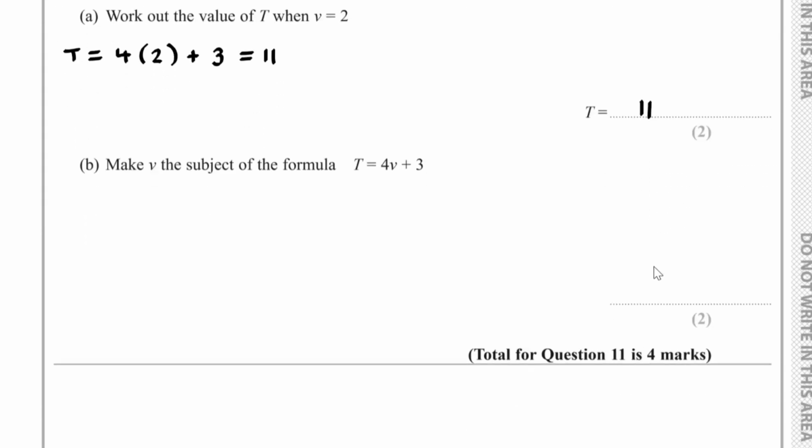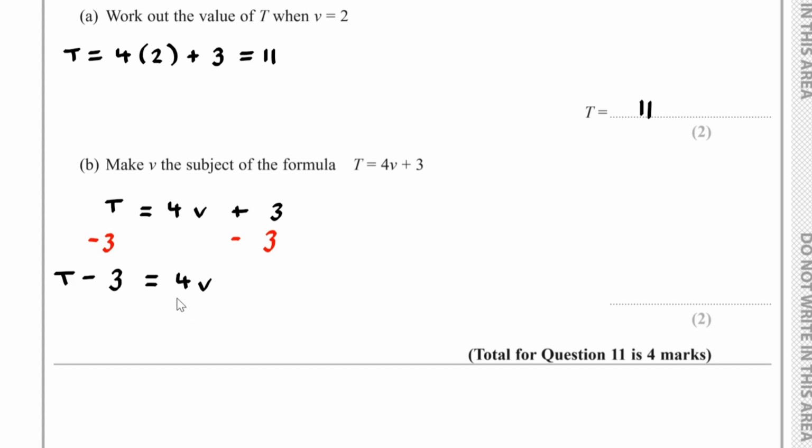Next, we have to make v the subject of the formula t equals 4v plus 3. So, if I start off with t equals 4v plus 3, we want to get v by itself. First thing is we can subtract 3 from both sides, leaving us with 4v equals t minus 3.